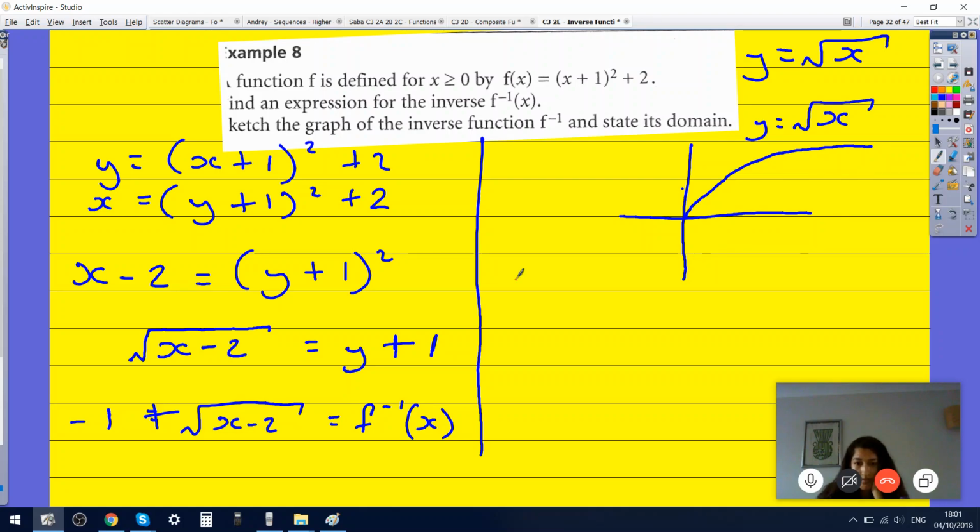And so if this was a transformation, how would you transform the graph of y equals root x onto y equals root of x minus 2, minus 1? Reflection. I don't believe so. So it will be a reflect... Oh, okay. Maybe I'm being too pedantic.